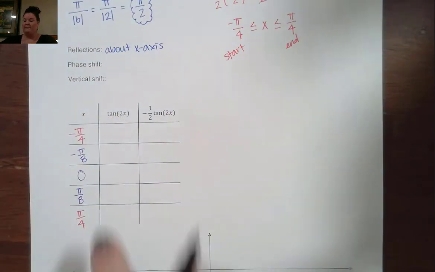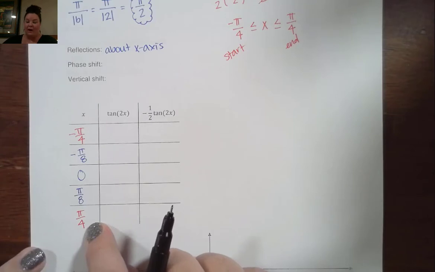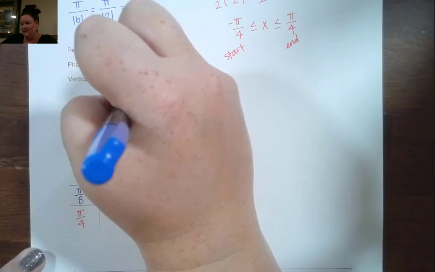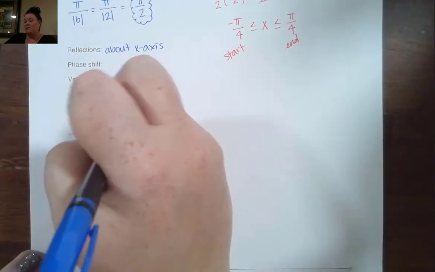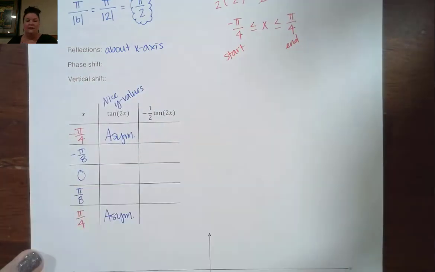Okay, so I've adjusted my x values so that I get those pretty values, the nice y values, right? I'm going to say these are our nice y values. So our nice y values is that we start with an asymptote, we end with an asymptote, and we are increasing, right?